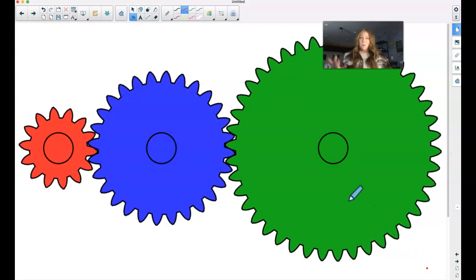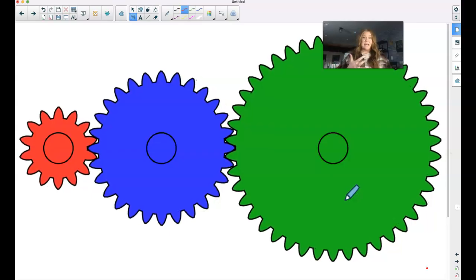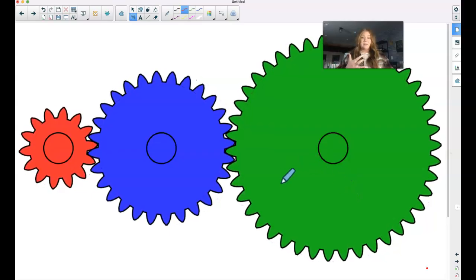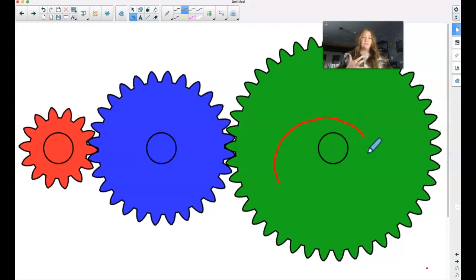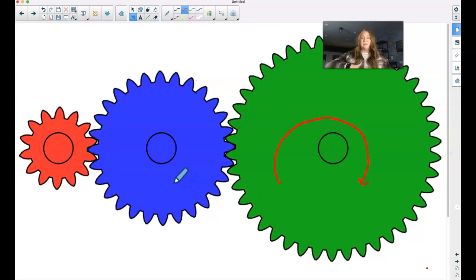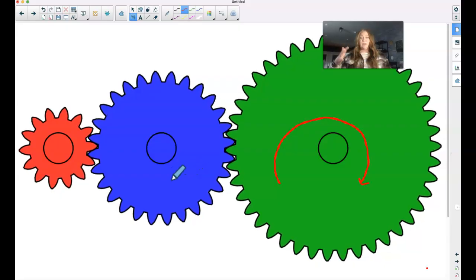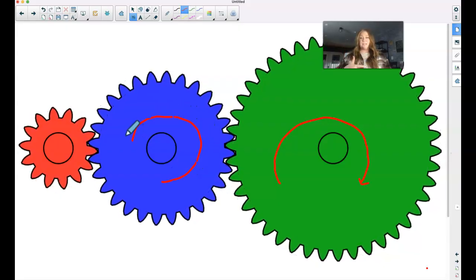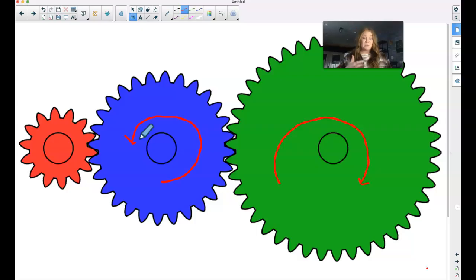Okay, so we need to think of these cells as gears. I can see that this cell, this gear, is turning in that direction, and as it does that, it makes that blue one turn in the opposite direction. Sorry, it's very slow, so you should really be able to see which way they're spinning.